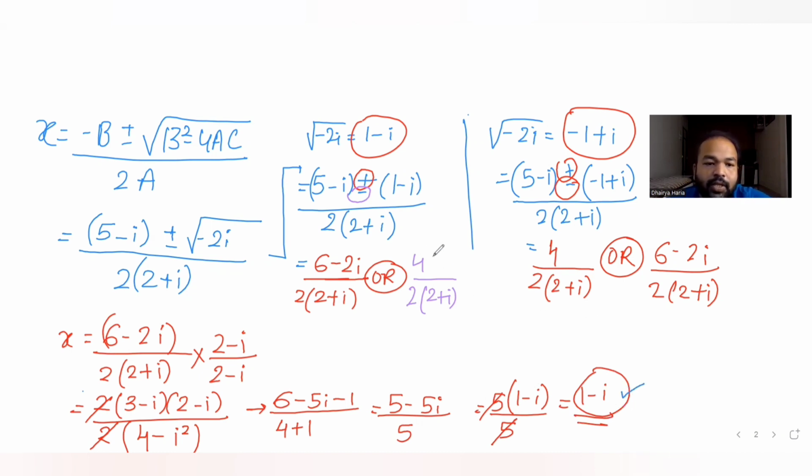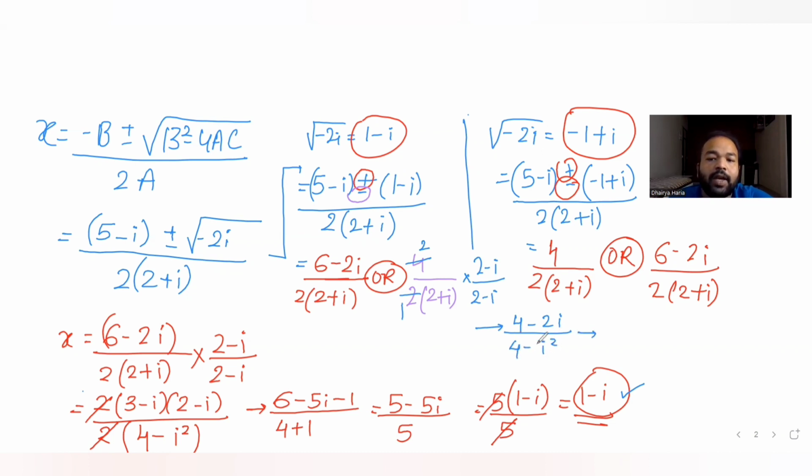Now if you solve this also further, solve it on the next page. So that gives you x is equal to 4 upon 2 into 2 plus i. So I can just cancel out this. So it becomes 2 upon 2 plus i. And if I multiply both sides by 2 minus i here only, I get 2 into 2 minus i becomes 4 minus 2i upon a plus b into a minus b becomes again a square minus b square.